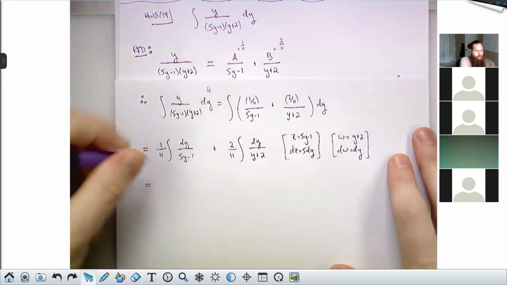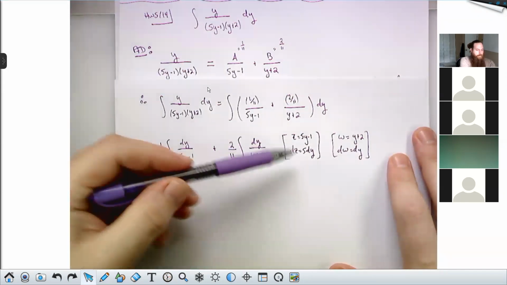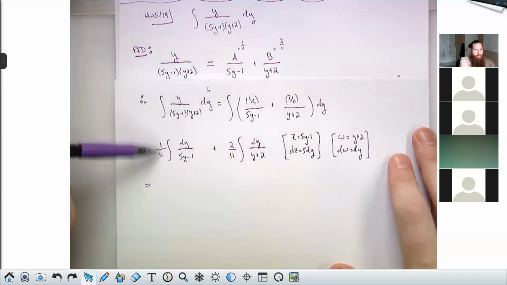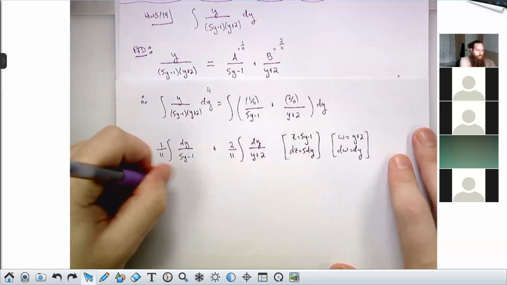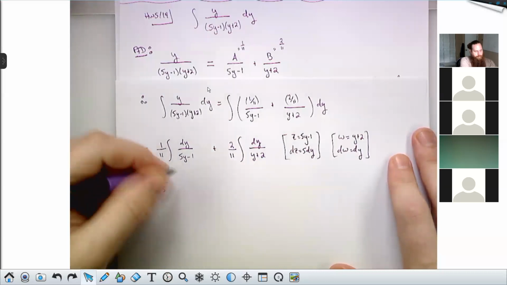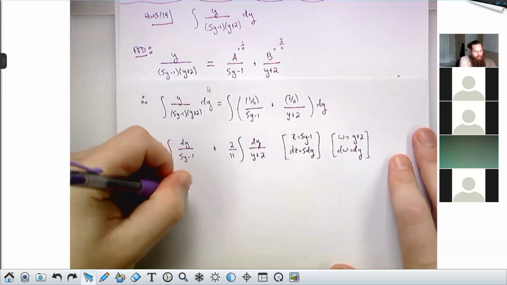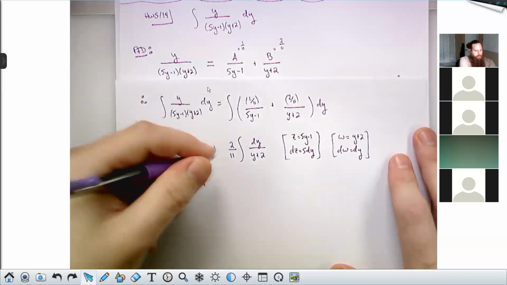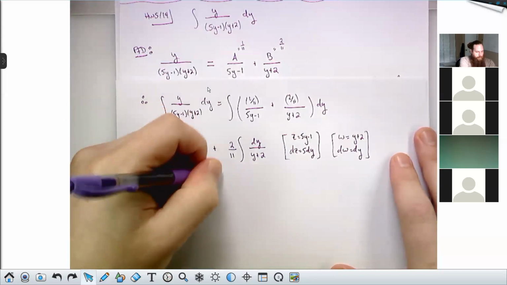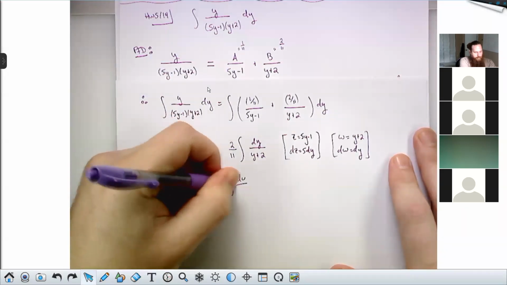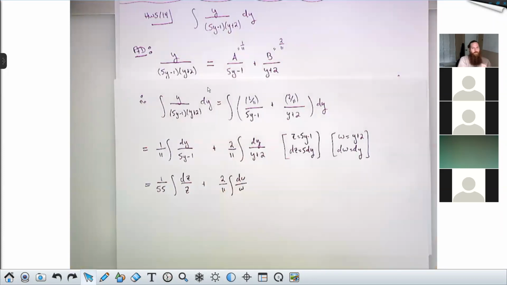Under those substitutions, this 5 will give me a 1/5. When I combine the 1/5 with the 1/11th, I'll get 1 over 55 integral dz over z plus, here my 2/11ths just comes along for the ride, integral dw over w, both of which are natural logs.